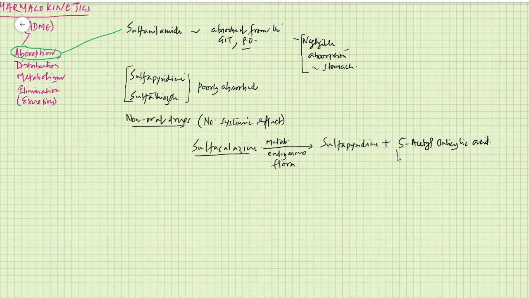This moiety has an anti-inflammatory effect. Sulfapyridine will not be absorbed. It's poorly absorbed and will remain in the intestine. It has antibacterial activity as well, but the anti-inflammatory activity is due to 5-acetyl salicylic acid.